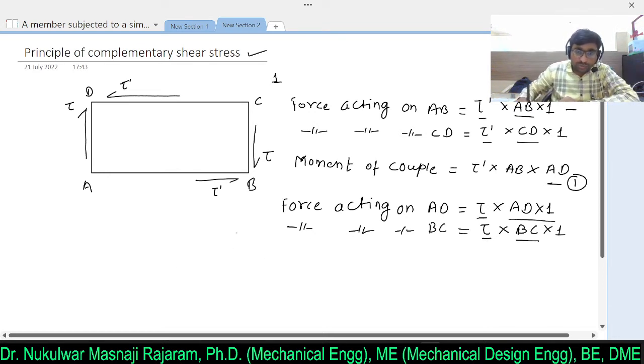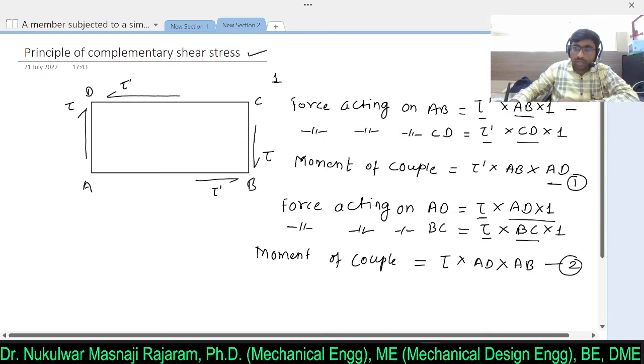So due to these two forces, I will evaluate the moment of couple. Here I will consider the first force acting on AD, that is tau into AD into the distance between these two forces, the force acting on AD and the force acting on BC. This distance is AB, so here I will multiply the distance AB.